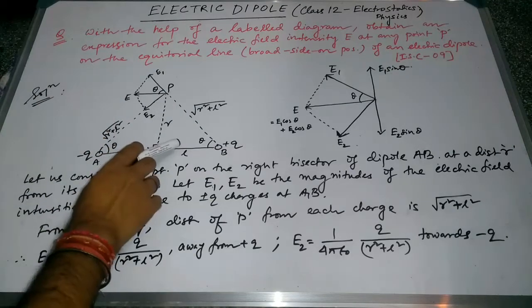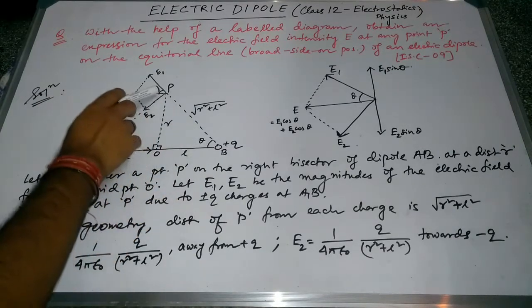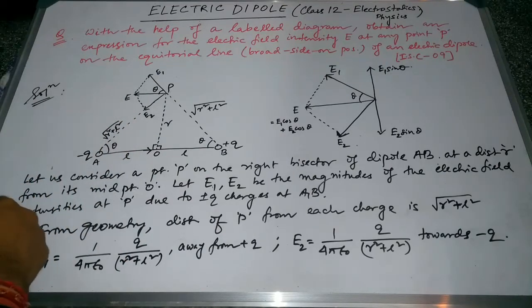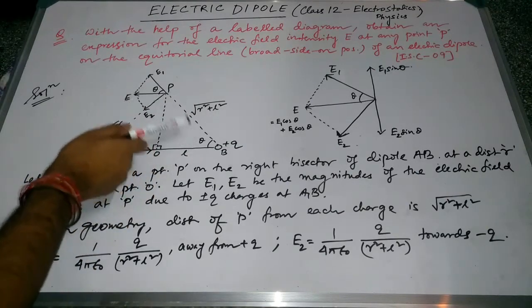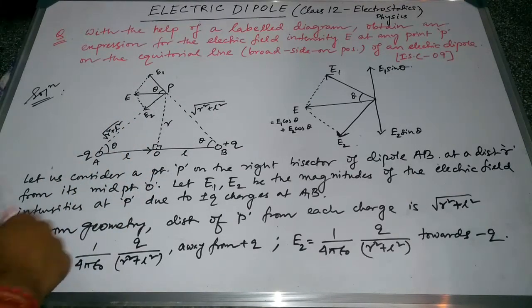Now this angle is theta. This angle will also be theta from the corresponding angles theorem, as we have learnt in the geometry classes. These two angles are corresponding angles and they are theta. Now this is written over here.